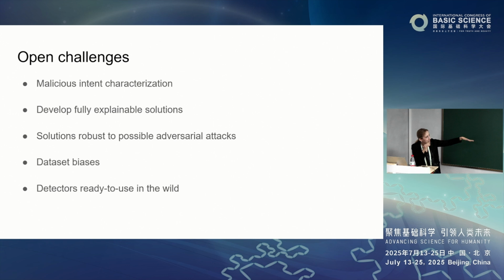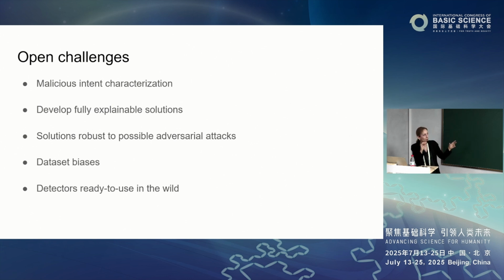There could also be some dataset biases that you should take into account, because you are looking at very weak traces. So you should be very careful when you build your training dataset, in order to push the detector to look at the right forensic clues and not at different biases.